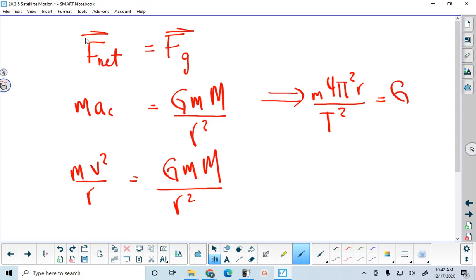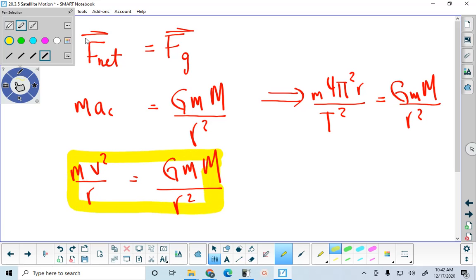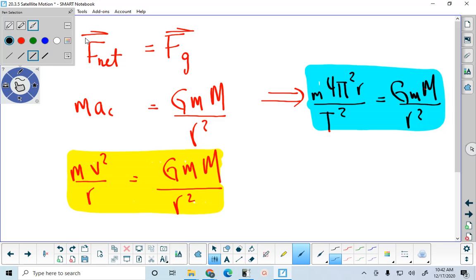the seldom used formula, instead. Whether you go this way or this way, the mass of the satellite cancels.